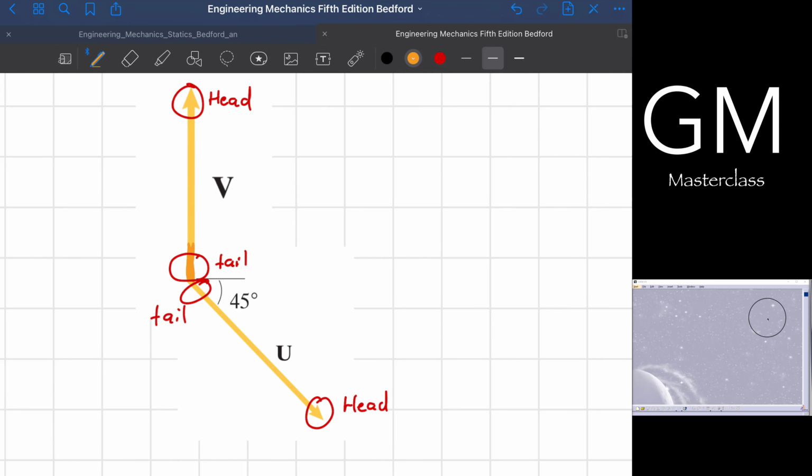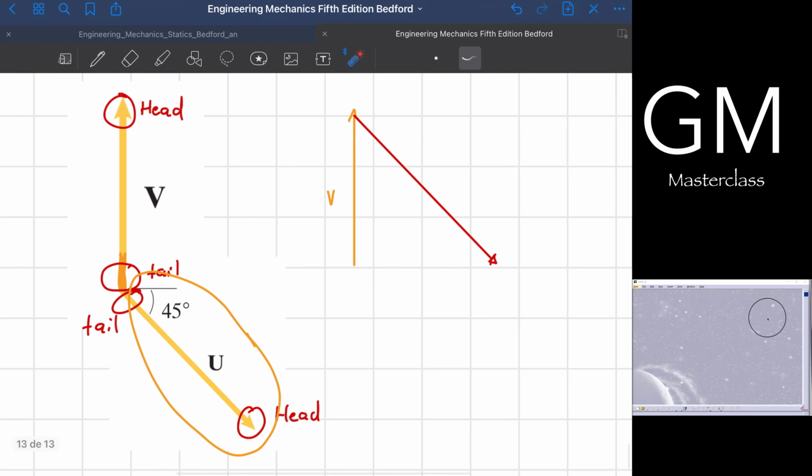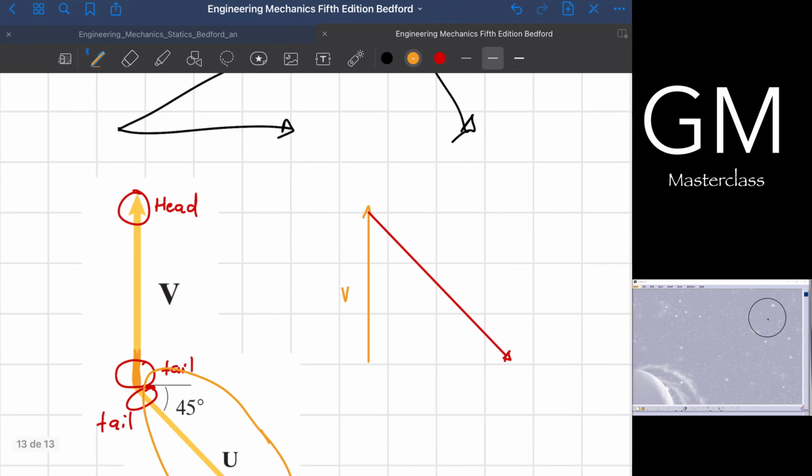So as I just said, this is not correct. So the correct way would be the vector b and this vector must be, and I'm going to put it in red here. Why is that? Because the head of the vector b is touching the tail of the vector u. Okay, now what is the magnitude of the vector b?